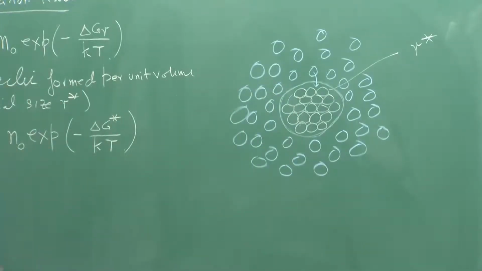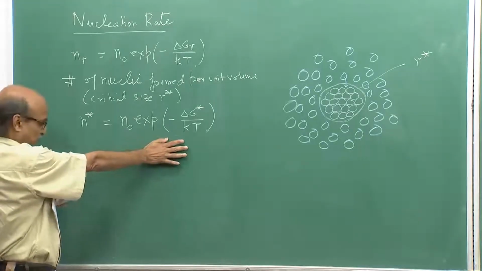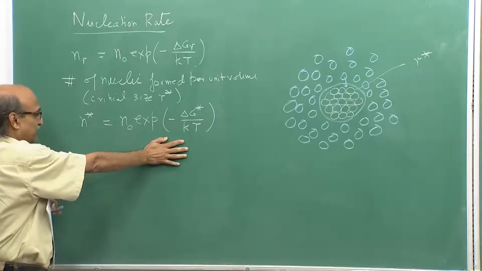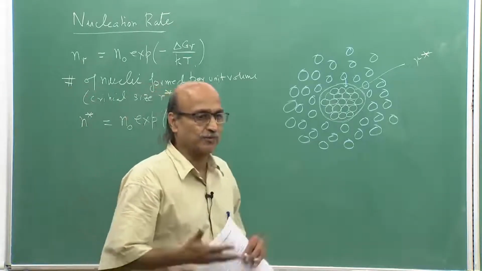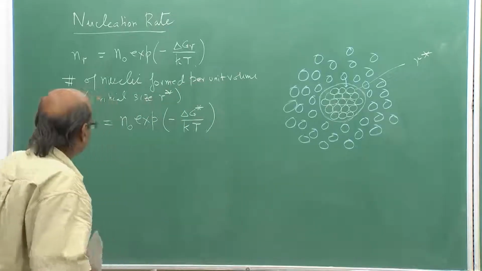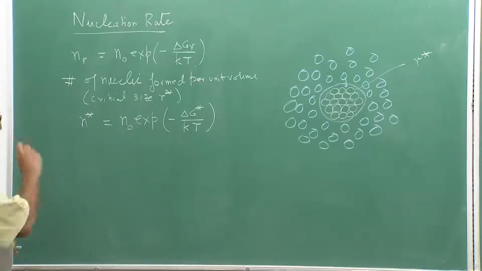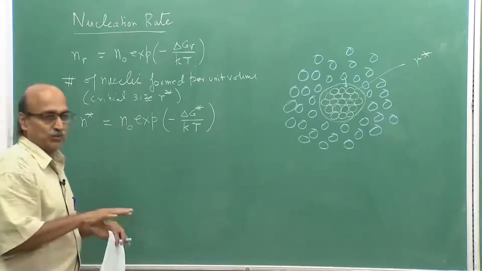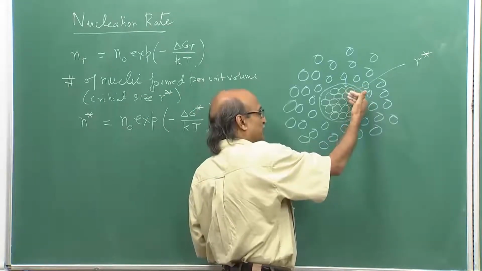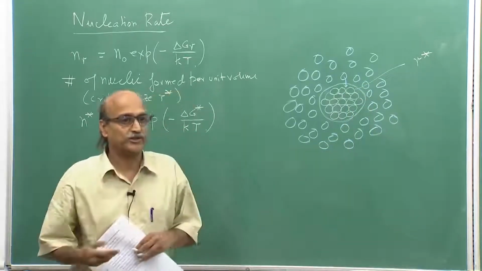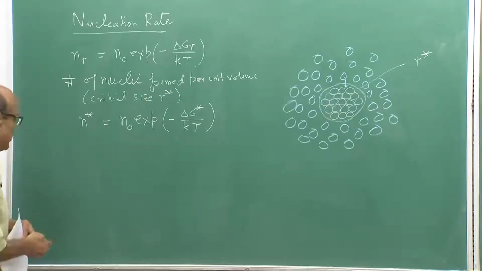So, what we have here is that we can estimate the number of such critical size nuclei. Out of this, some of them would become the stable solid, while others will dissolve back in the liquid. Combining these two, that how many such nuclei would become stable, we would be able to determine at what rate nucleation would occur.